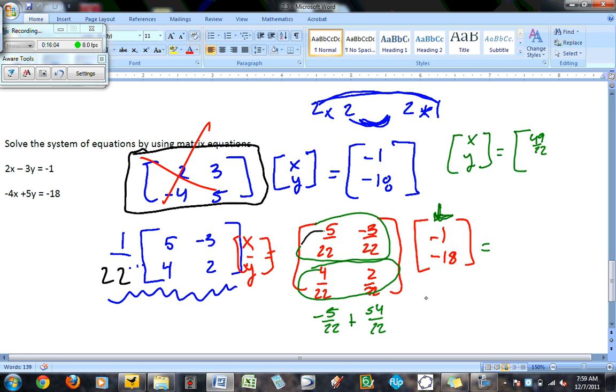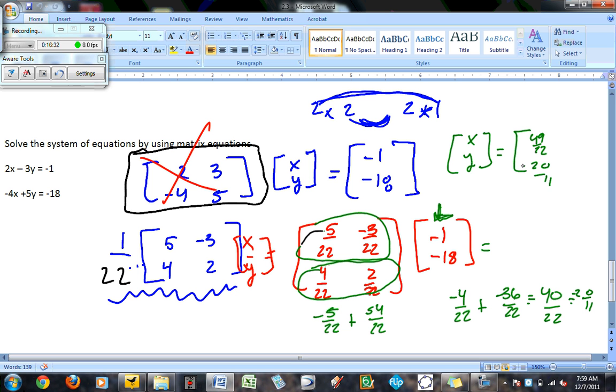So -4 times 1 over 22 is -4 over 22, plus -18 times 2 over 22 is -36 over 22. And I'm left over with -40 over 22, or let's see here, -20 over 11.